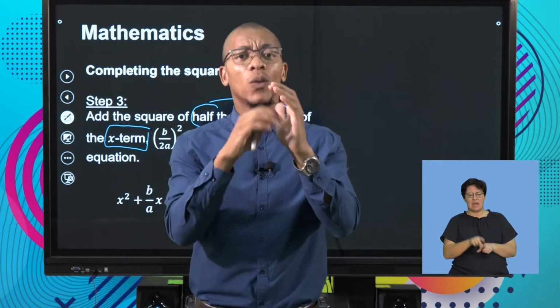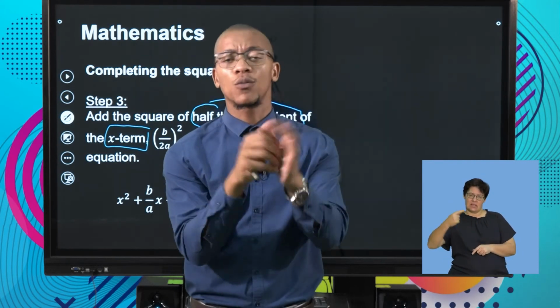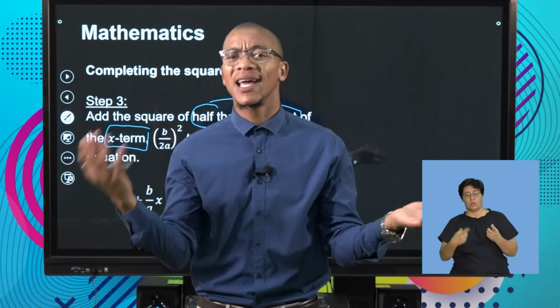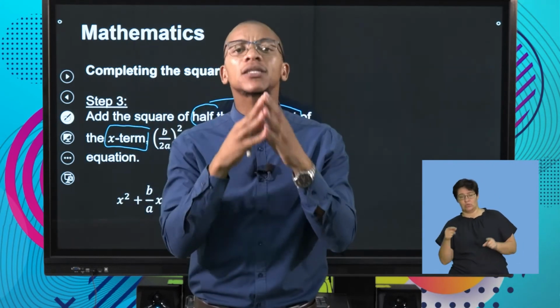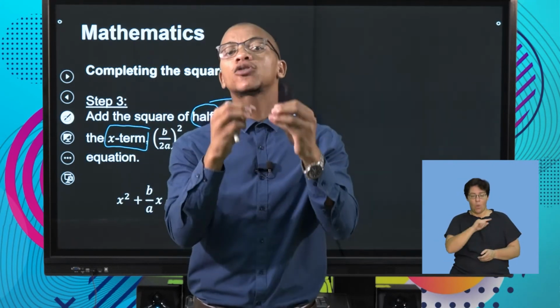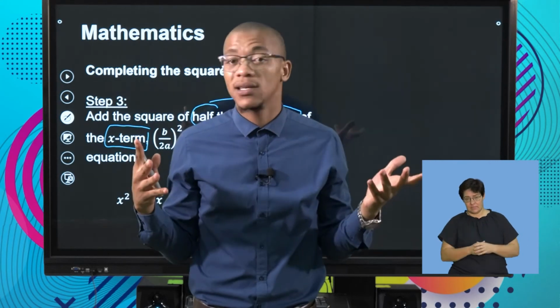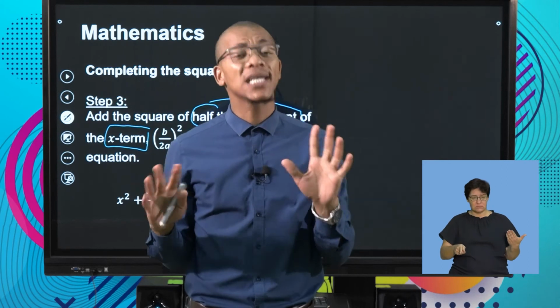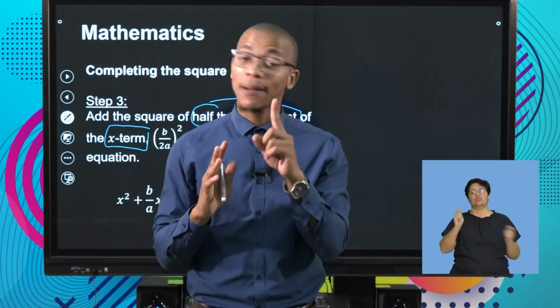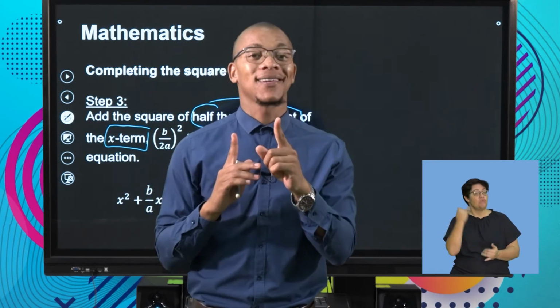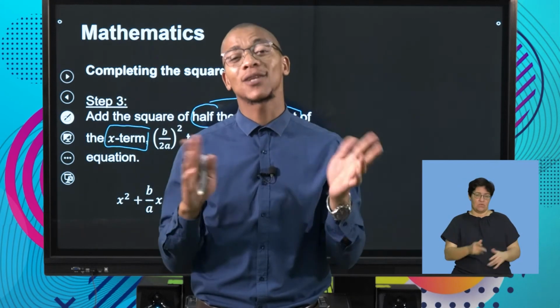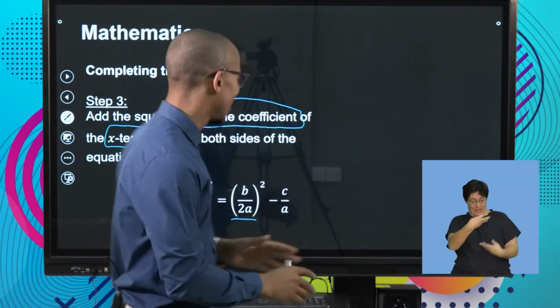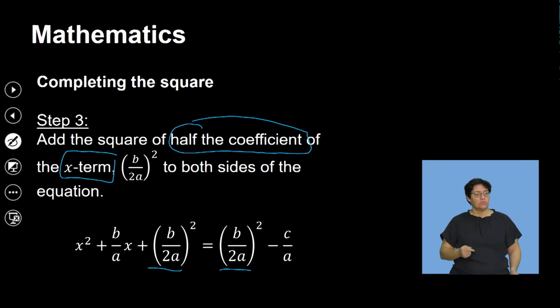You remember, what you do at the top, you must do at the bottom. What you do on the left-hand side, you must do on the right-hand side. It's just to maintain balance so that you don't change the equation. Because as soon as you introduce something that changes the equation, already you are lying. I'm not going to say you are wrong, you are lying, because you know the truth, but you decide not to give me the truth. So please do pay attention to that.